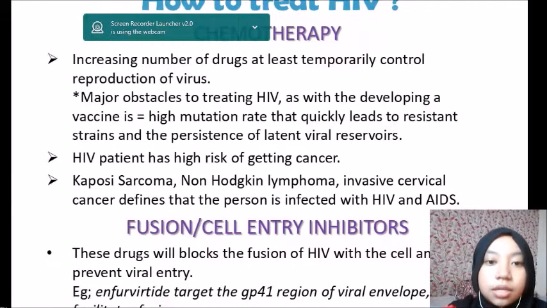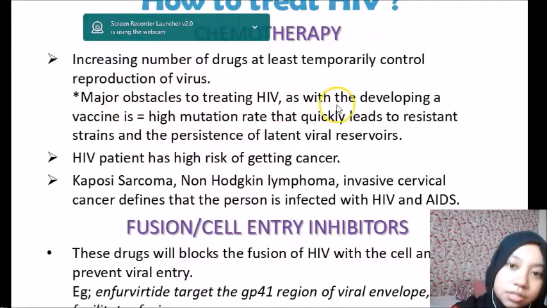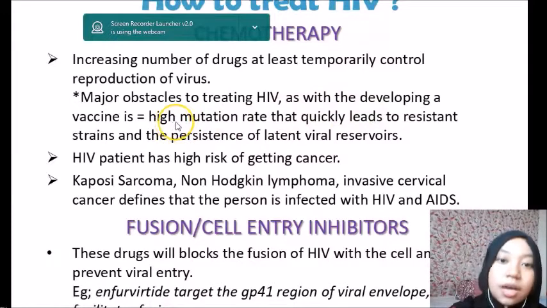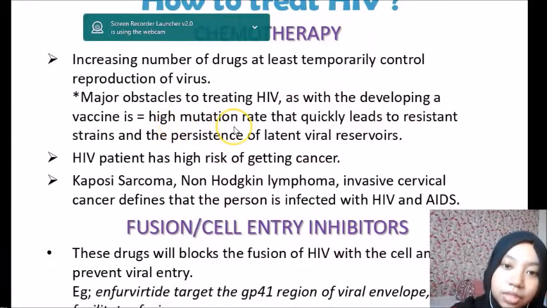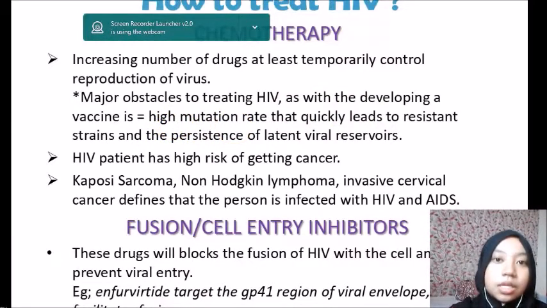Chemotherapy, an increasing number of drugs, at least temporarily controls reproduction of the virus. But the obstacle to treating HIV and developing a vaccine is the high mutation rate of the HIV virus, which quickly leads to resistant strains, and the persistence of a latent viral reservoir.